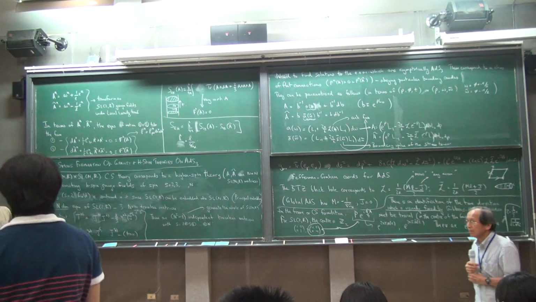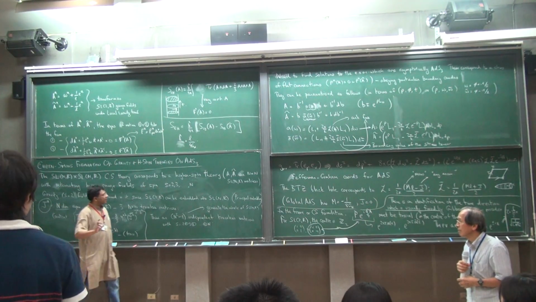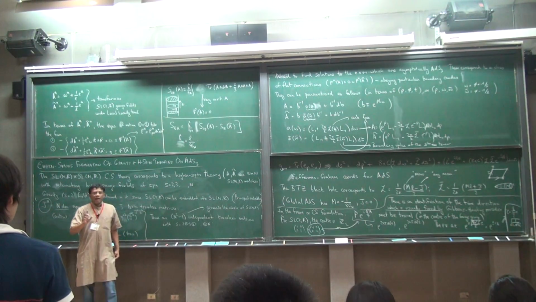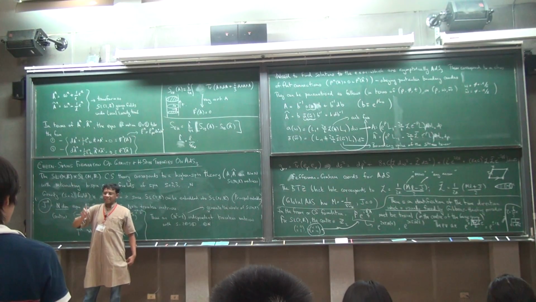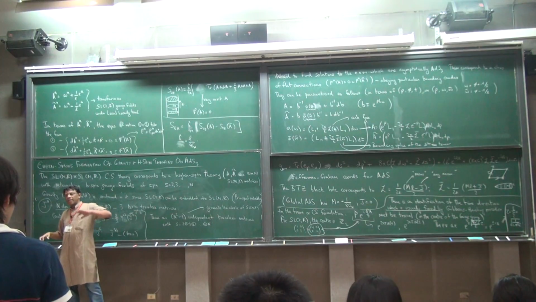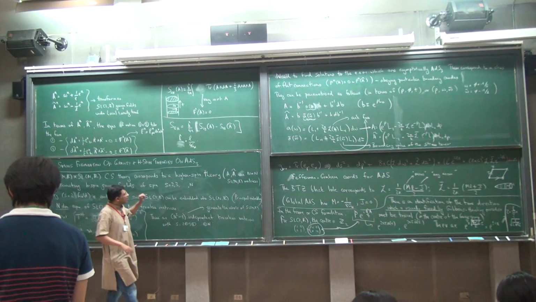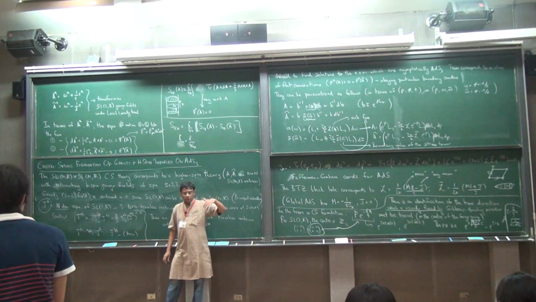So for n, you get a consistent theory, so that's a good thing. I think I mentioned in my first lecture that Fradkin and Vasiliev showed that you needed an infinite tower of higher spin fields if you had spin 2, spin 3.